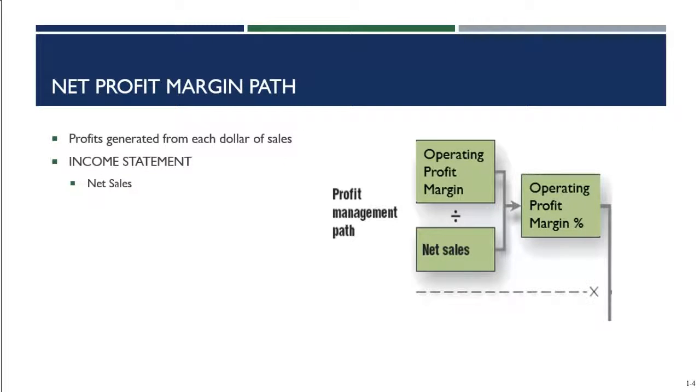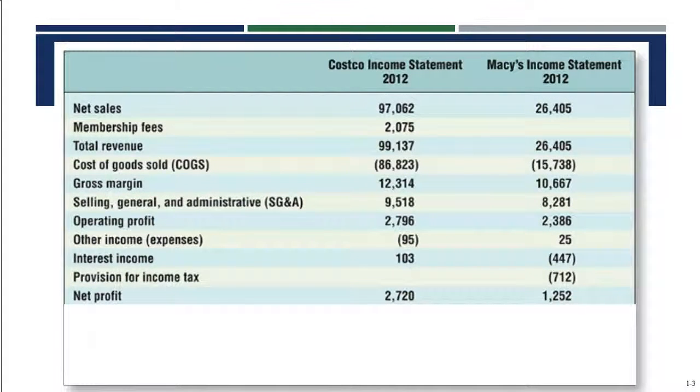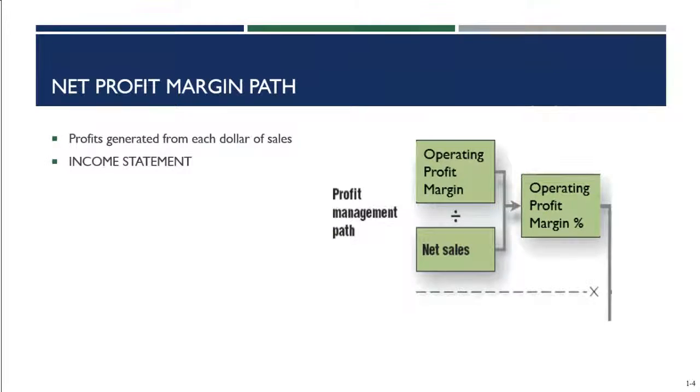A couple of things not included in net sales would be membership fees, credit card interest, or other special incomes that are listed as other income on the income statement. So you might see net sales on an income statement, you might see membership fees, which we do see in our example, or you might see other income. And all of that would be combined into our total revenue.